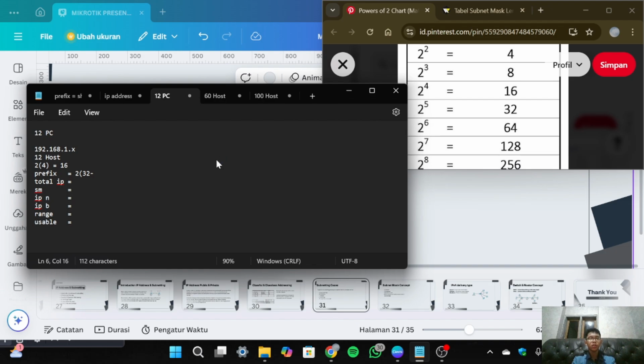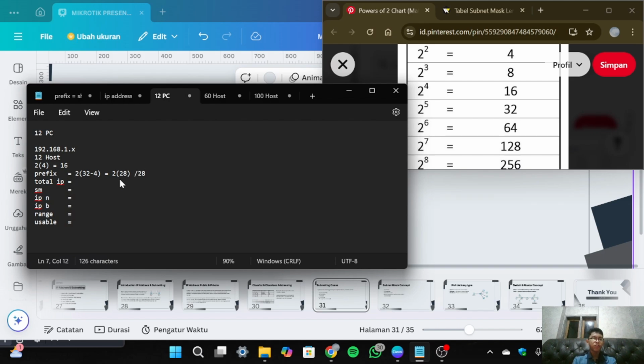So the value is 32 minus 4. The 4 comes from 2 to the power of 4, which is 16. So the answer is 32 minus 4, which is 28, or /28.